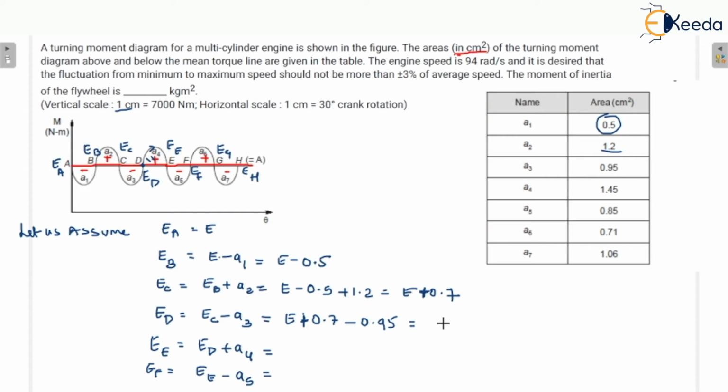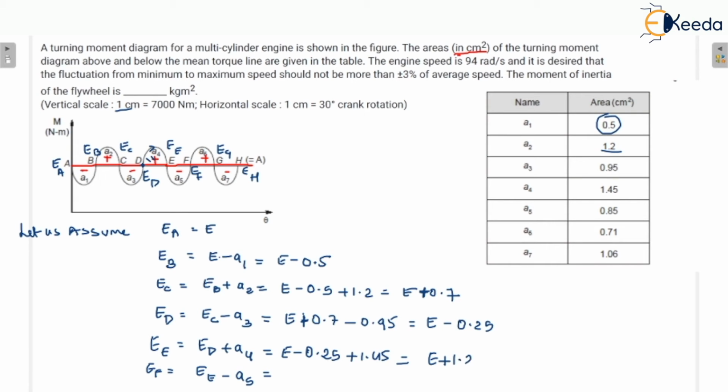So this is E minus E plus 0.7 minus 0.95. You will get E minus 0.25. Okay, so I'm just doing this fast because we have calculated it already. Minus 0.25 plus A4, that is 1.45, and when you do this, you will get E plus 1.2.